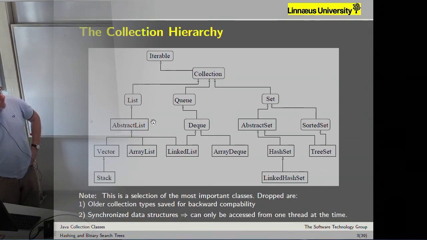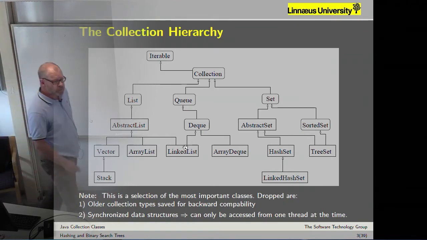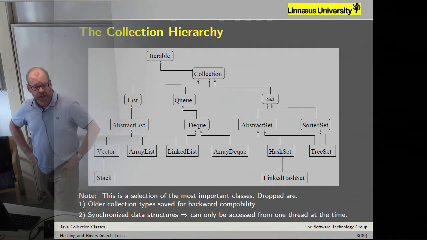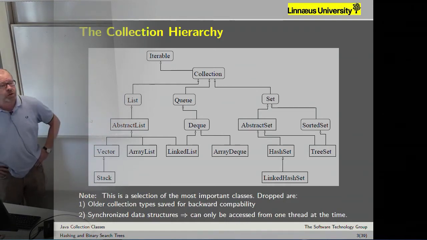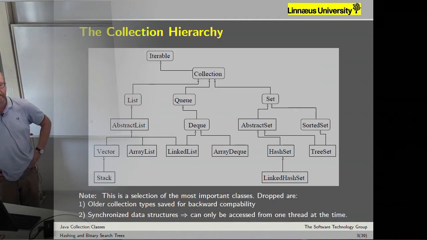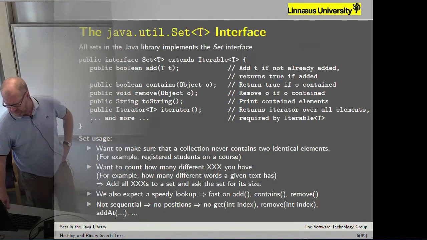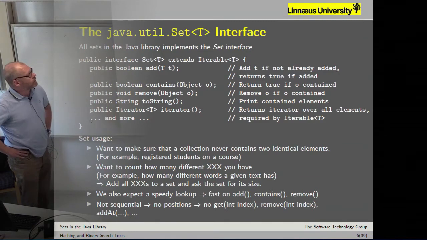Then they have a helper class called AbstractList that is used to implement three different versions of a list. This is very similar to the first exercise in assignment 2, where I gave you an abstract collection class and you were asked to implement a list and a queue. They have such classes, AbstractList and AbstractQueue, in the Java library, and they use these classes to implement other concrete classes. But let's skip ahead to the Set interface.